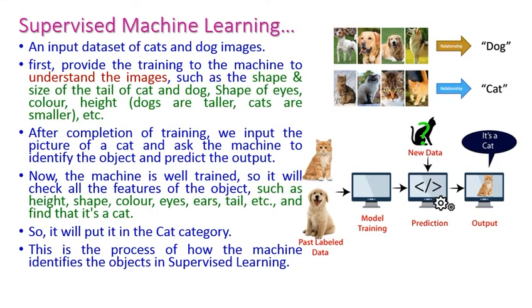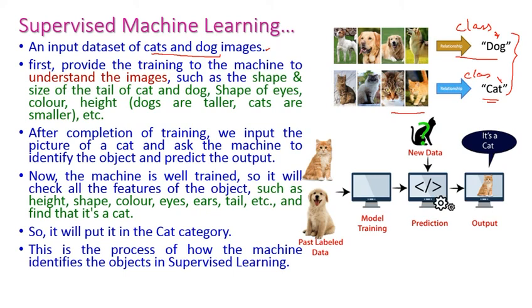Let us see supervised machine learning by using cat and dog images, right? Initially we have to give a collection of images of dogs and a collection of images of cats, and by using those two groups of images, or two classes of images, this is class dog and this is class cat, we train the machine.